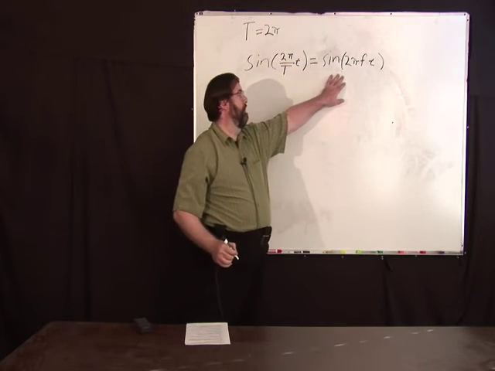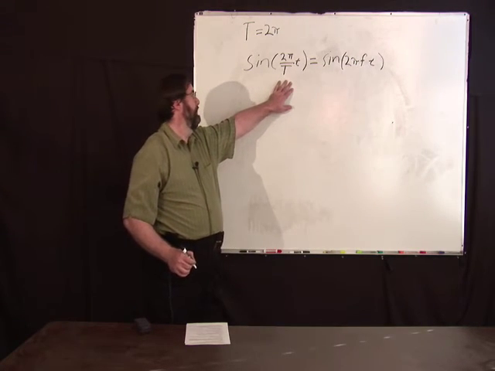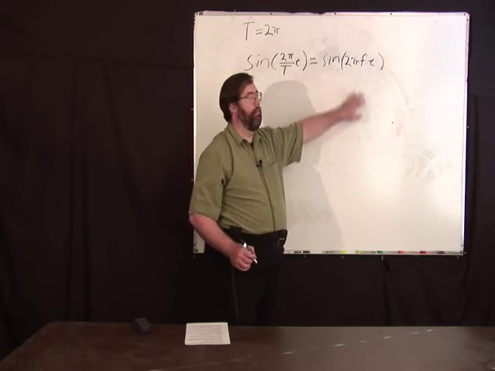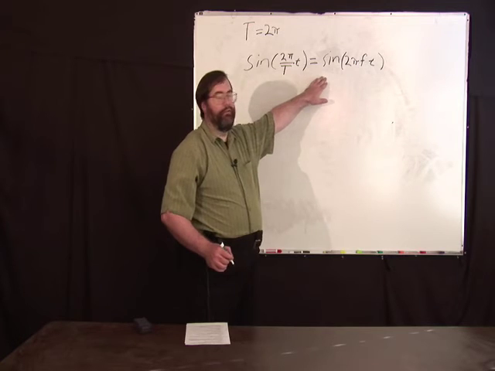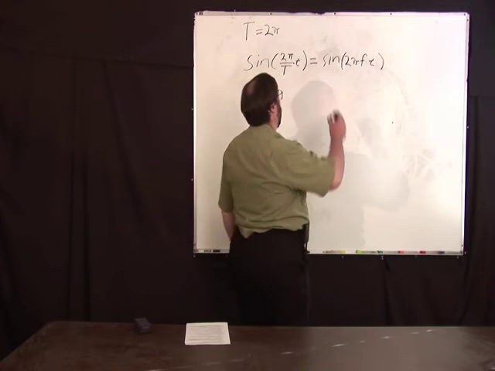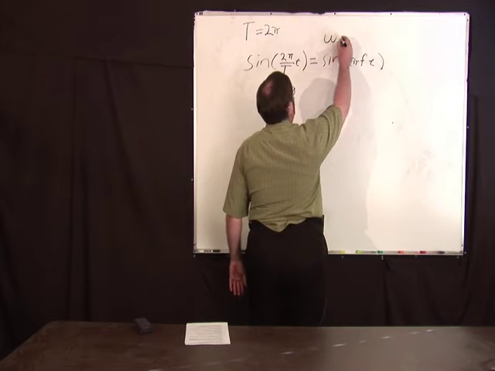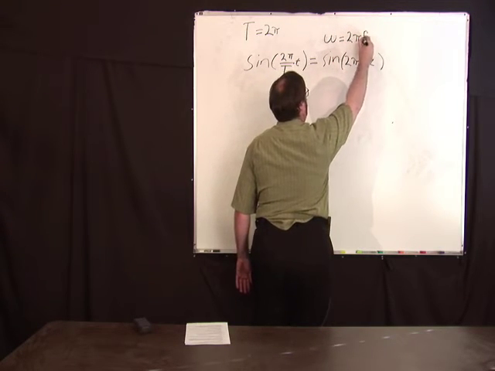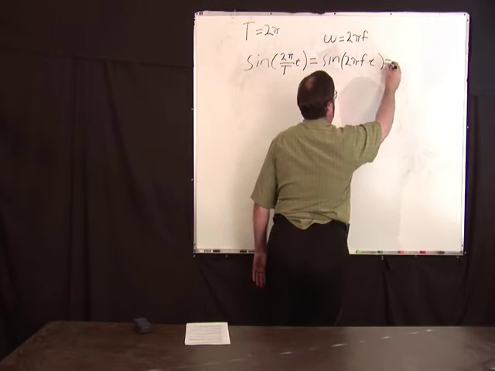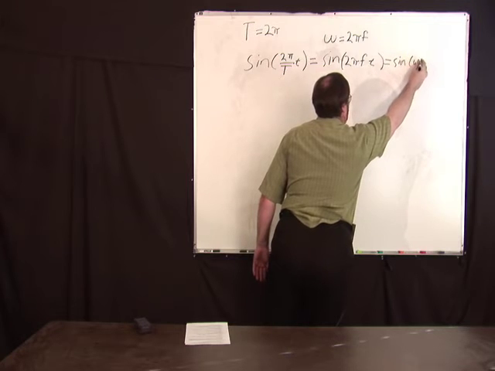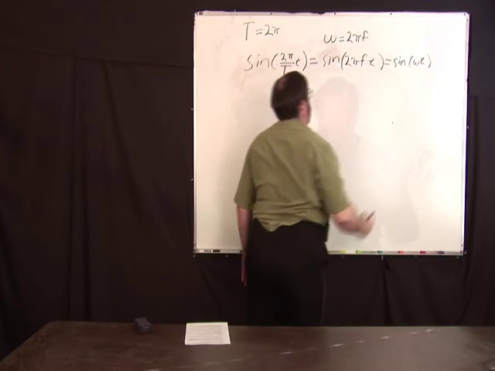Both of these represent the same function that's periodic with period T and frequency f. Now, in terms of sinusoids, this combination comes up a lot, and we give it a special name. In time, we say omega is 2 pi f. So we would say this is equal to sine omega t.